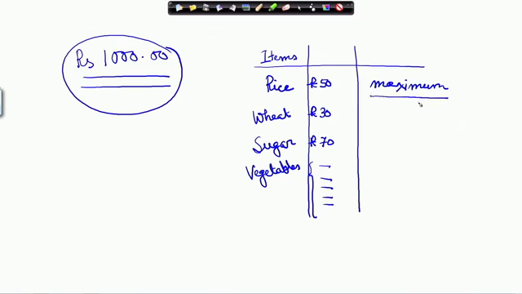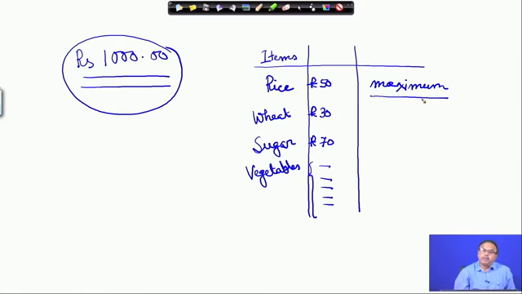There is a maximum amount of rice you have to buy, but you have to buy at least 5 kg of wheat, at least 2 kg of sugar, at least some amount of vegetable.